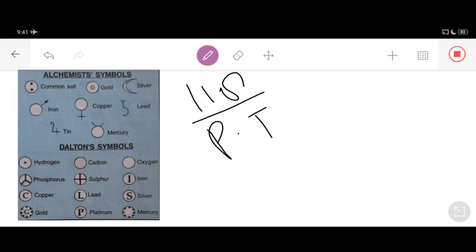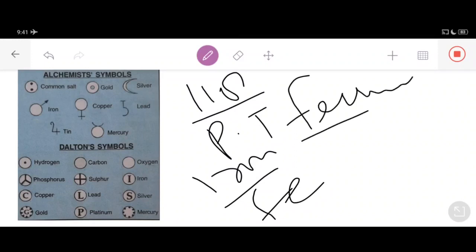In the last video lecture, dear students, I told you that some elements have symbols taken from the names of elements in the Latin, German, or Greek language. For example, iron has the symbol Fe from its Latin word ferrum.